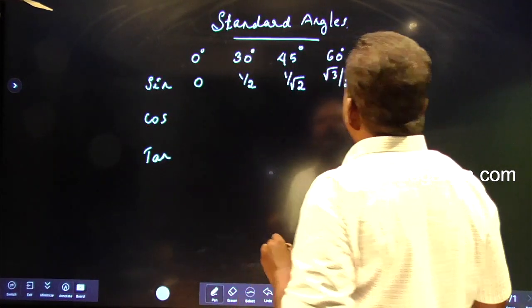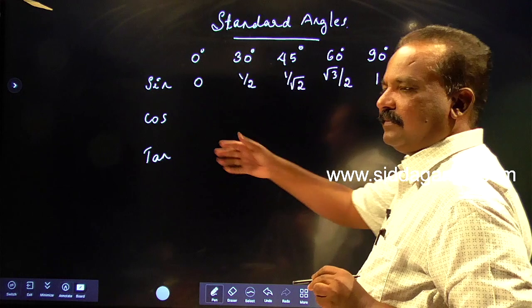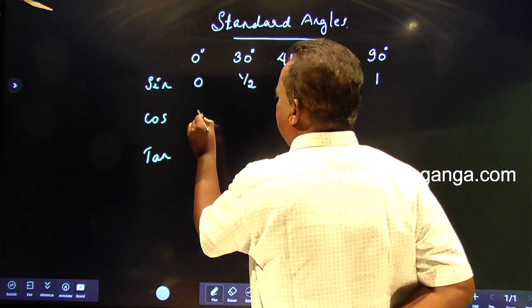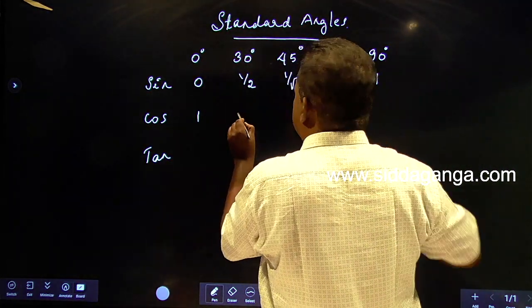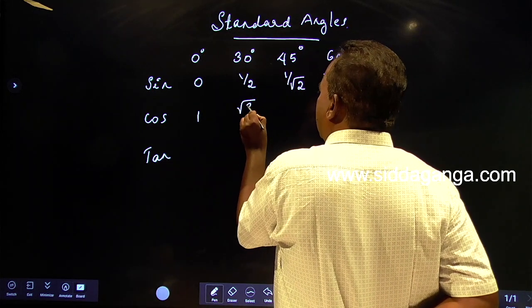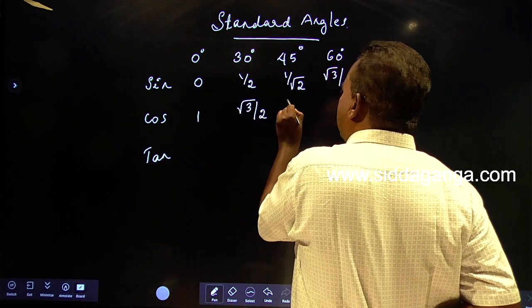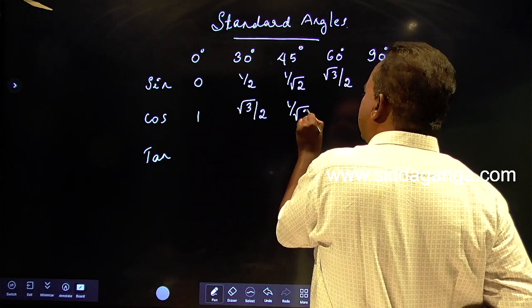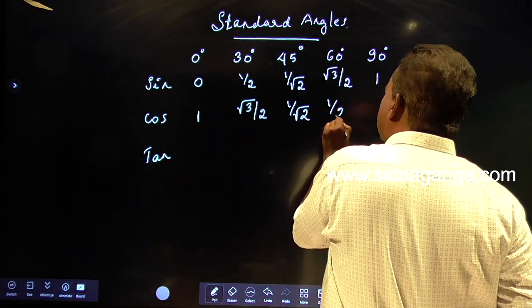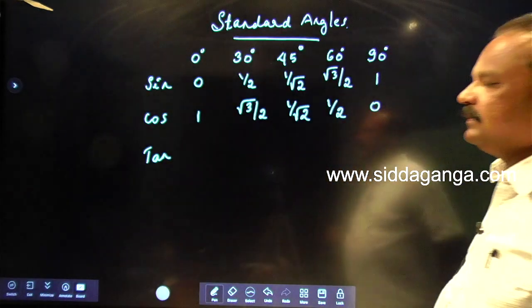Similarly, if you read from the backward direction, cos 0 is 1, cos 30 is root 3 by 2, cos 45 is 1 by root 2, cos 60 is 1 by 2, cos 90 is 0.